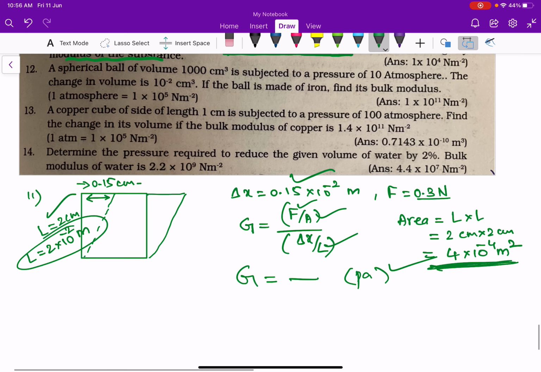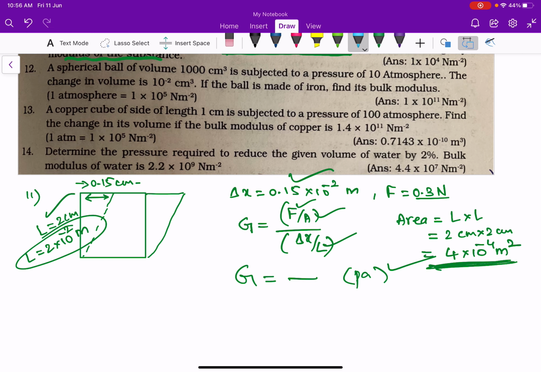Okay. So next one is the 12th problem. In the 12th problem, a spherical ball of volume 1000 centimeter cube is subjected to a pressure of 10 atmospheres. Volume V is equal to 1000 centimeter cube, and pressure P is equal to 10 atmospheres.